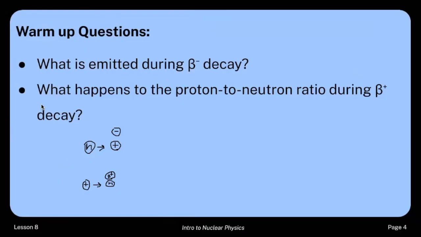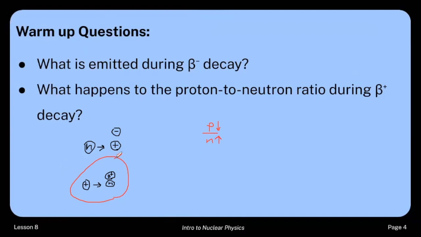So it's this lower one here. And since this involved a proton turning into a neutron, we know that the proton to neutron ratio got a little smaller, because that ratio is the number of protons divided by the number of neutrons, and the number on top went down, the number on bottom went up, so that fraction gets a little smaller.